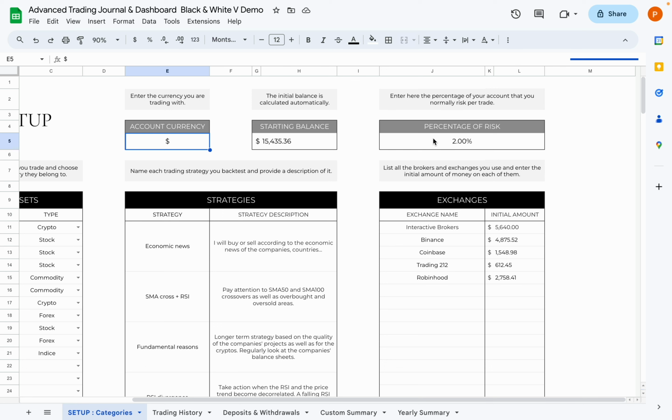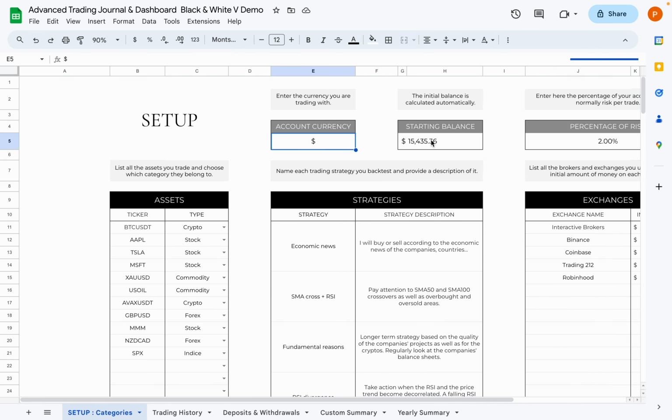For example, if most of the time you risk 1% of your account per trade, that means that on a trade, if your stop loss is hit, you will lose 1% of your balance. So for the purpose of this demo, I fill in a 2% percentage of risk.